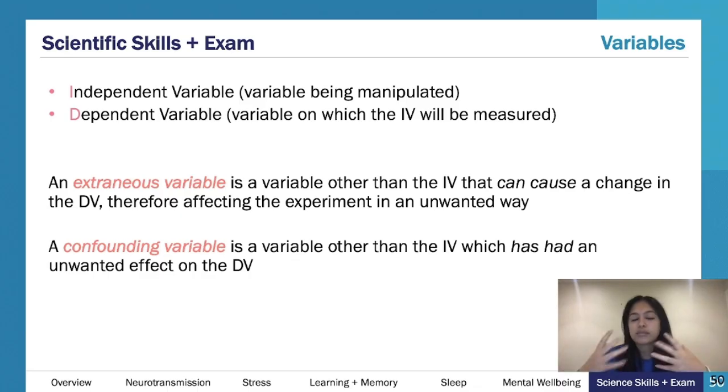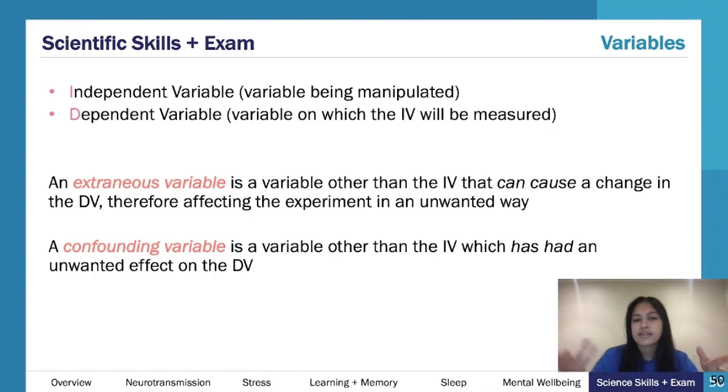So potentially things like socioeconomic status or memory, IQ. Obviously, it depends on the study that you're doing, but those sorts of things. And often you think about them being characteristics of the participants, like what I've just discussed. Those can be extraneous variables.